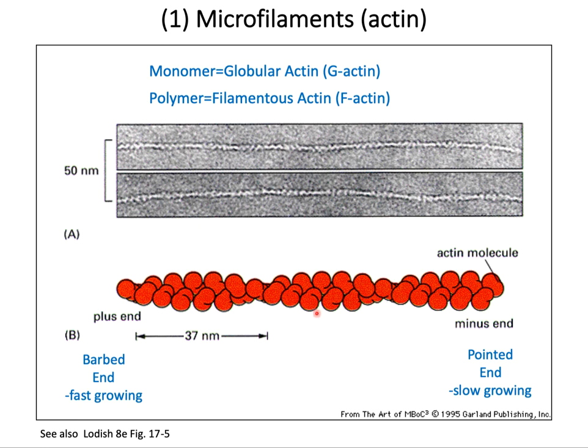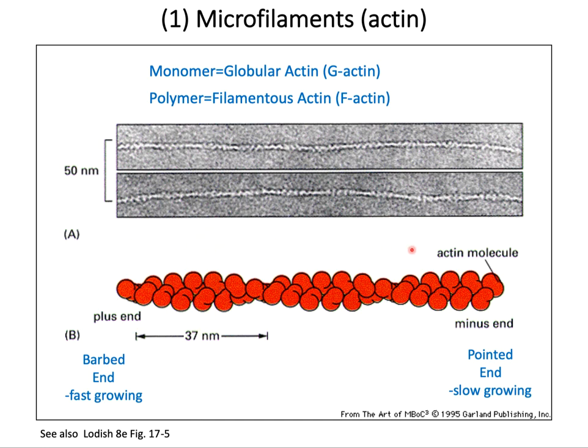So the two ends of the actin filament are not biochemically equivalent. One end is known as the plus end and sometimes referred to as the barbed end. It is known as the fast-growing end, especially in vivo when the filaments are growing. They are growing very quickly at this plus end, so monomers are being added at the plus end.